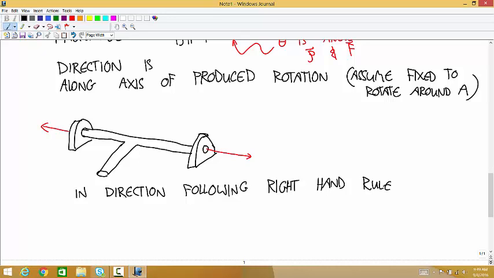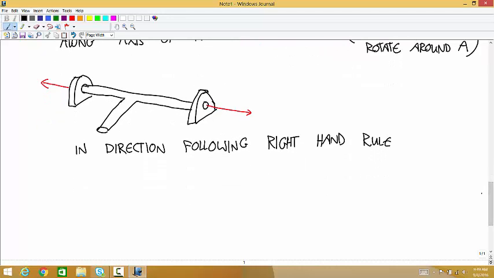Okay, so if a body rotates from, so let's say that we have a rigid body that rotates from here to here.